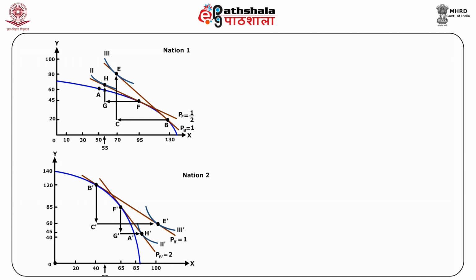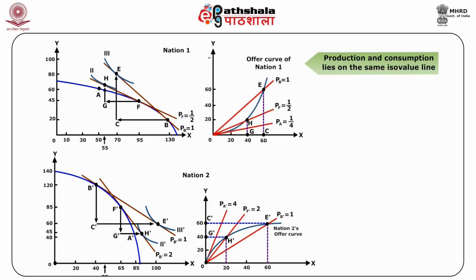With increase in the relative price of the export good to import good of a nation, the ISO value line would become steeper, which results in a shift in the production point. As shown in the diagrams, the production and consumption lies on the same ISO value line. Consumption depends on the taste and preference of the consumers and are represented by indifference curve.